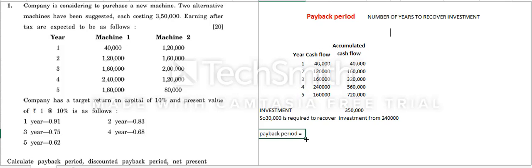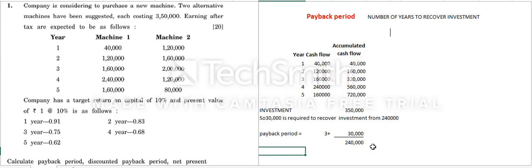Okay, so we'll write down the formula for payback. That means we are taking 3 years, at least 3 years, plus how much more amount is required? 30,000, and we'll be covering up this amount from 2,40,000, which is the cash flow of the fourth year. So you have to divide 30,000 by 2,40,000.